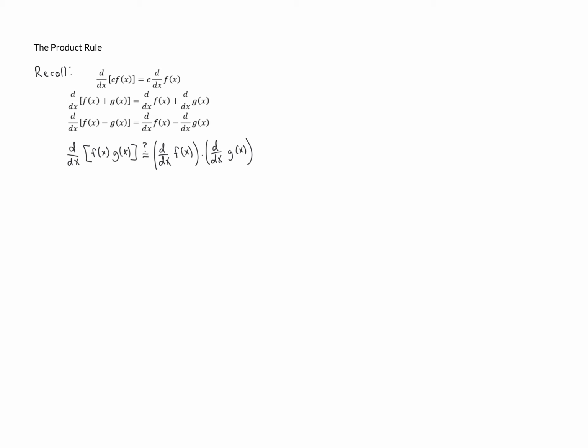Wouldn't that be nice? If this were true, it would mean that if we were differentiating a product of functions, we could just differentiate the first and differentiate the second and then multiply whatever the result is.